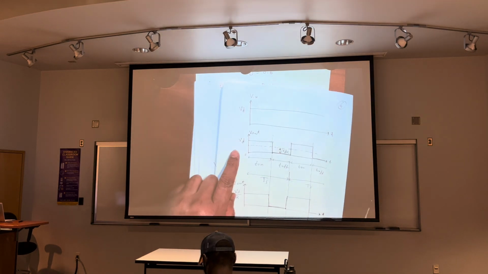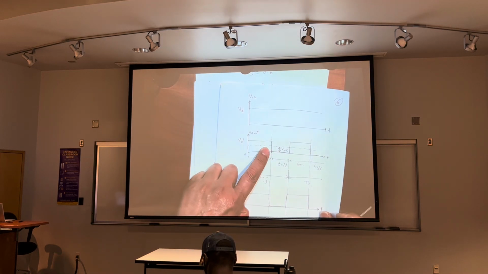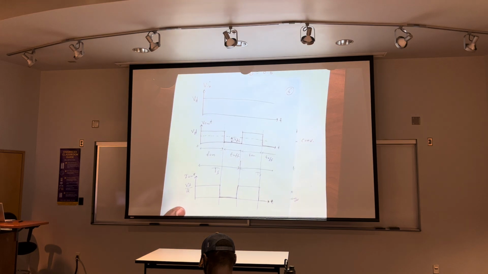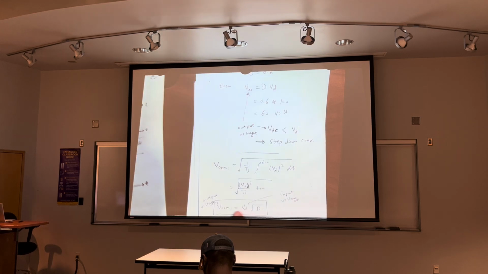On just VD, V out, okay? It's not voltage level. This is just the DC voltage level, but this is AC.